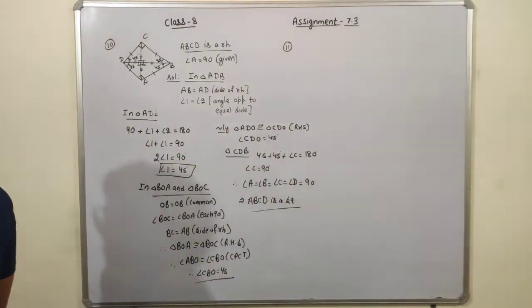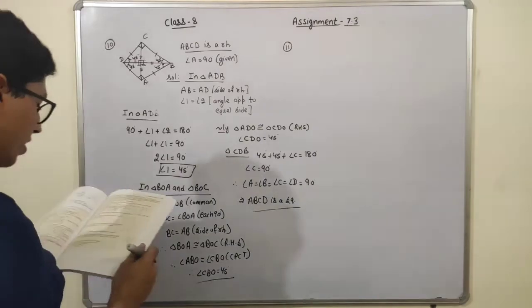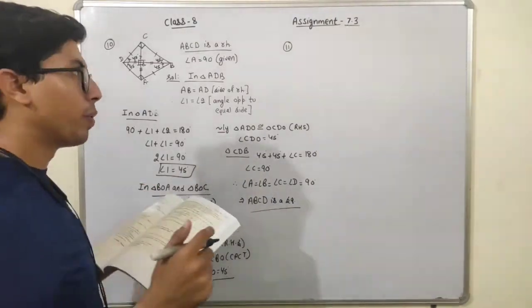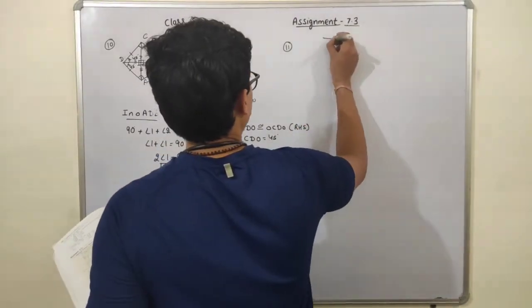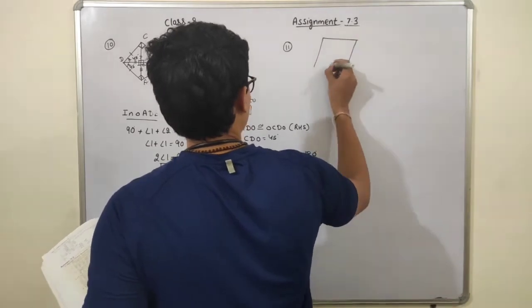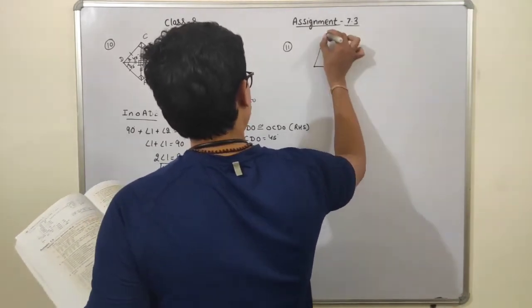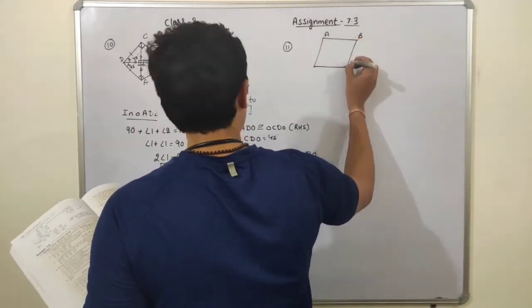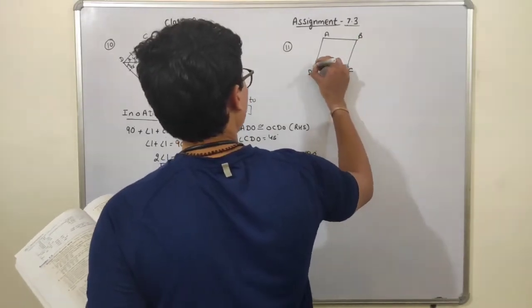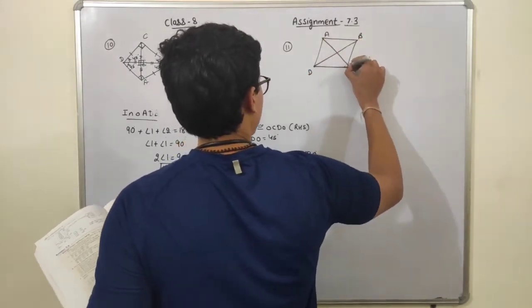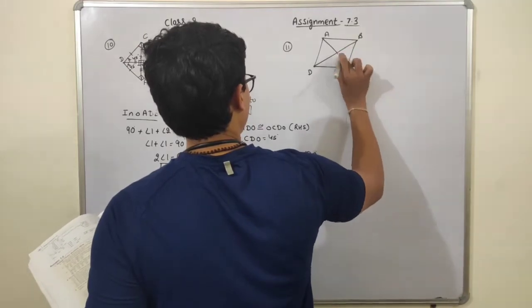See, in question number 11, students, a figure is given, ABCD. Okay. The diagonals are joining each other.